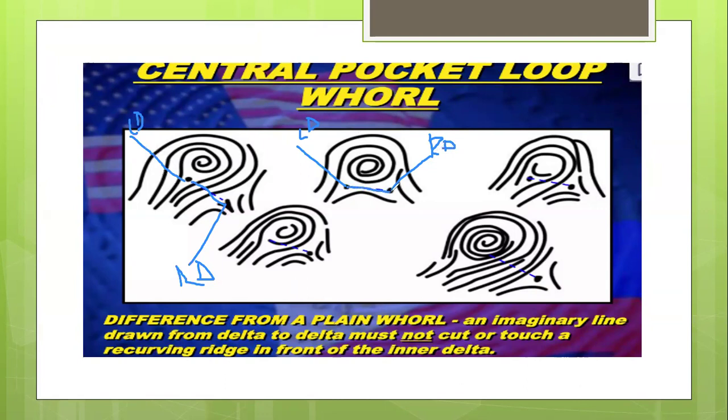The imaginary line drawn touches no recurving ridge. The same here, no recurving ridge touches the imaginary line. These are the variants of the central pocket loop. This is the delta, the imaginary line touches no recurving ridge, and this is the LD, and this is the RD.